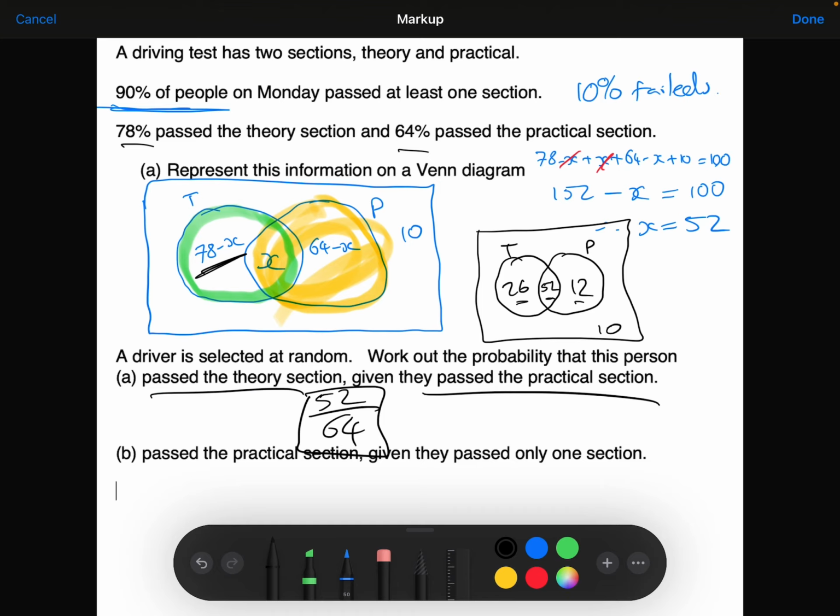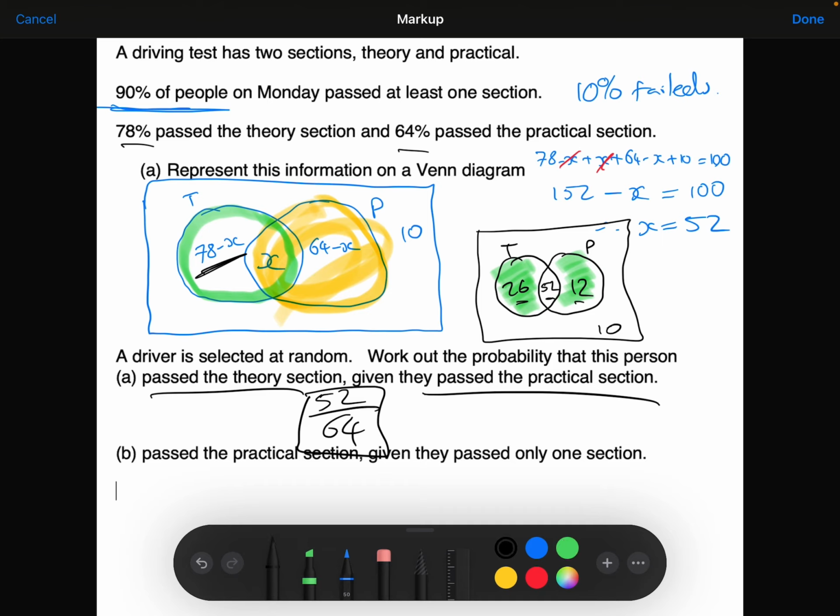Part B, find the probability that they passed the practical section, given that they passed only one section. So we know they only passed one section. So we know that they either just passed the theory test or they just passed the practical test. But they didn't pass both of them.